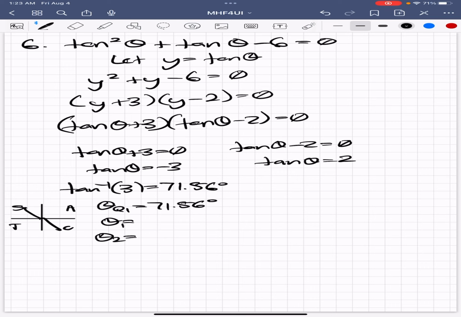So we just need to do 180 minus 71.56 degrees and 360 minus 71.56 degrees, which is 108.44 degrees and 288.44 degrees. Moving on to the next question.